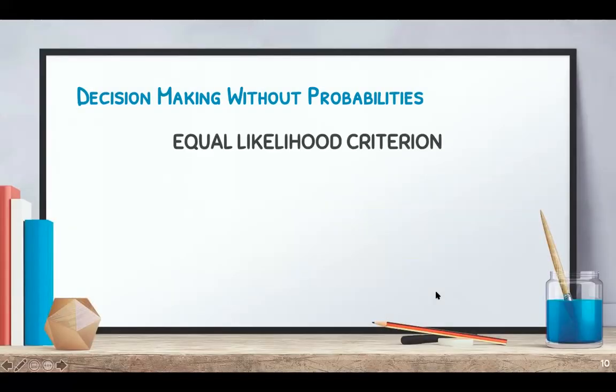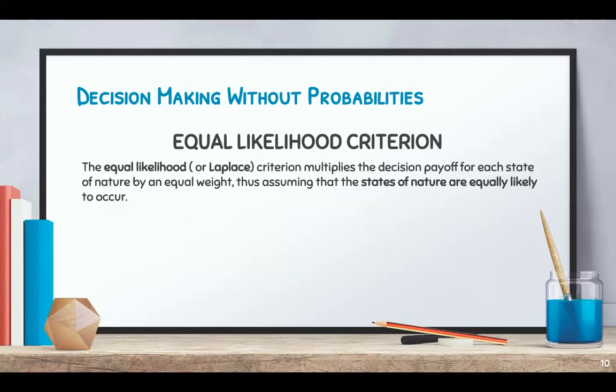The last and definitely not the least is the equal likelihood criterion. The equal likelihood or Laplace criterion multiplies the decision payoff for each state of nature by an equal weight, no? Thus assuming that the states of nature are equally likely to occur. So in this case, dahil dalawa lang yung state of nature, 50-50% yung likelihood.